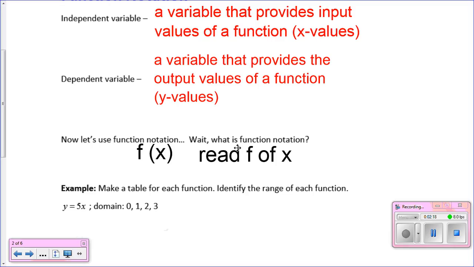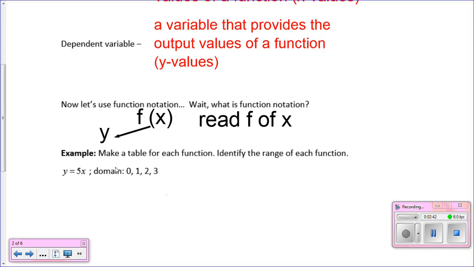And f of x really just means your y value, your output. That's all it's telling you: what is the output when you put this input into this function? So you'll see the y and the f of x interchanged a lot throughout algebra. They both mean the same thing though.